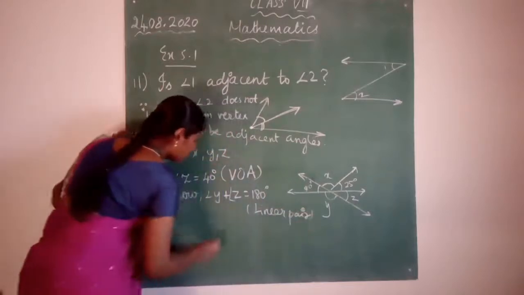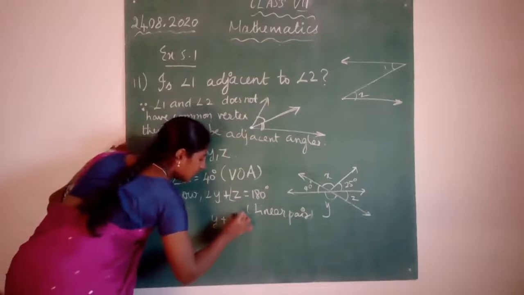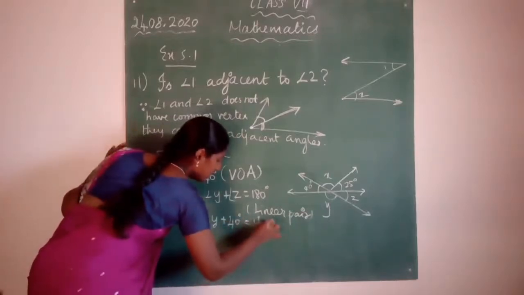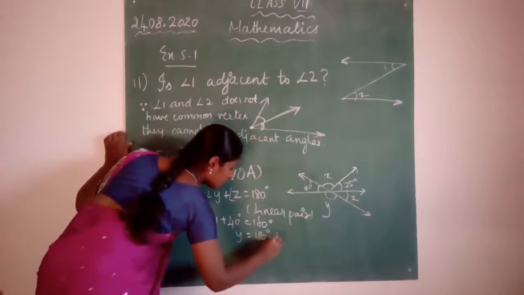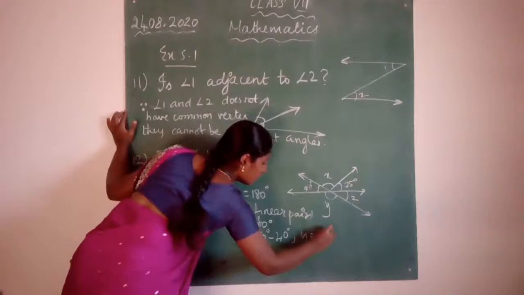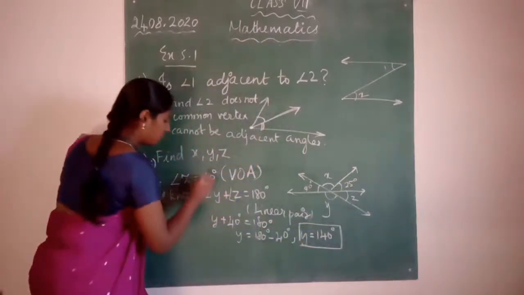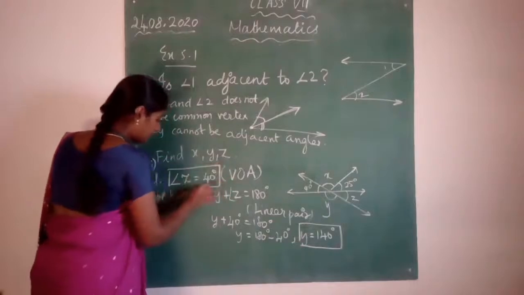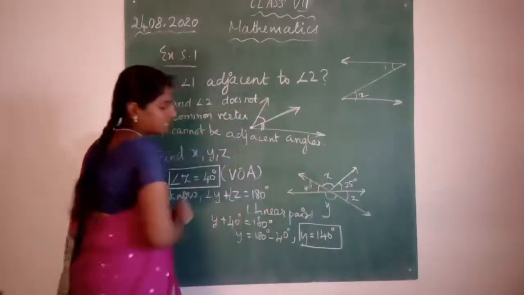So y plus 40 degrees equals 180 degrees, and this gives y equals 180 degrees minus 40 degrees, so y is equal to 140 degrees. So you got two angles now, first z and second y. Now we have to find x.